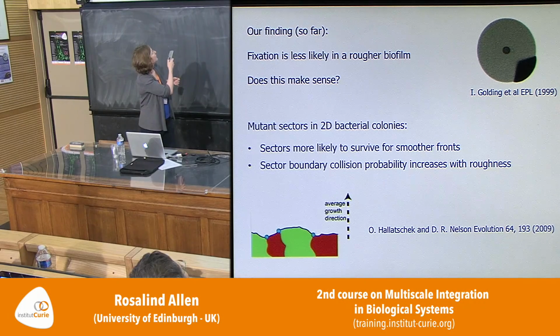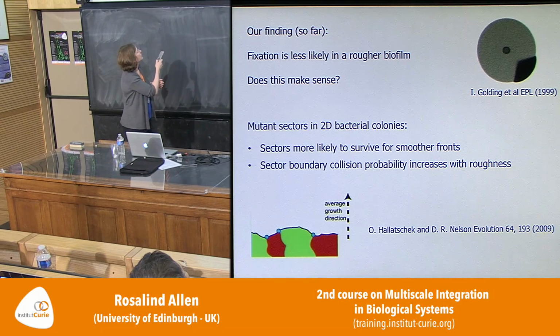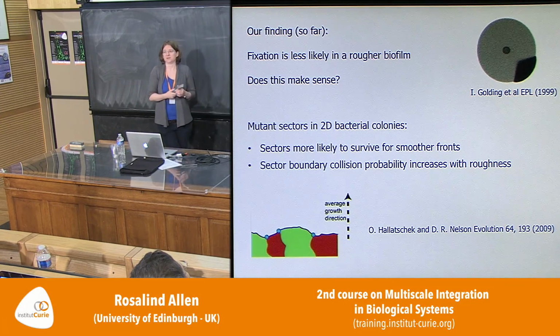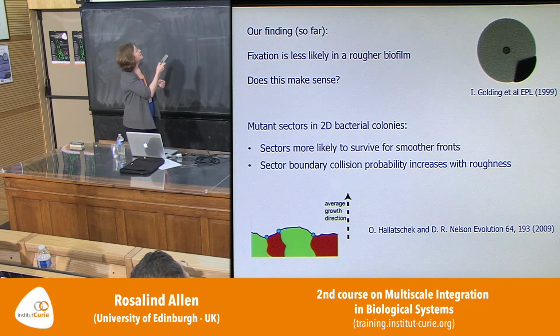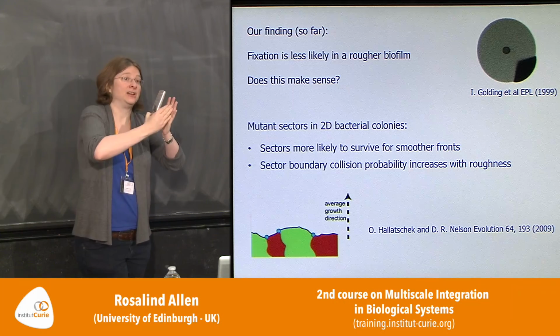If you think about the edge of a colony, or also the edge of a biofilm, then you can mark the points where you get boundaries of a sector, and you can imagine these points to be like random walkers on a 1D domain. So you imagine that the 1D domain is the boundary, and these walkers move about. When two walkers get close together, that's like a sector closing.